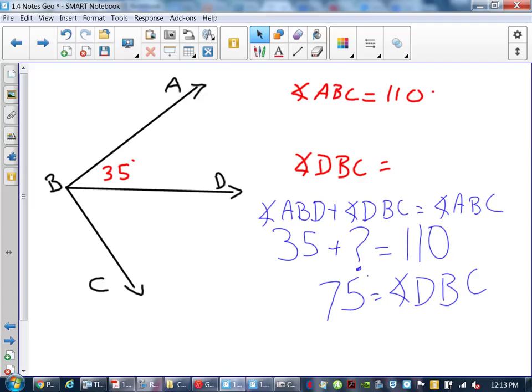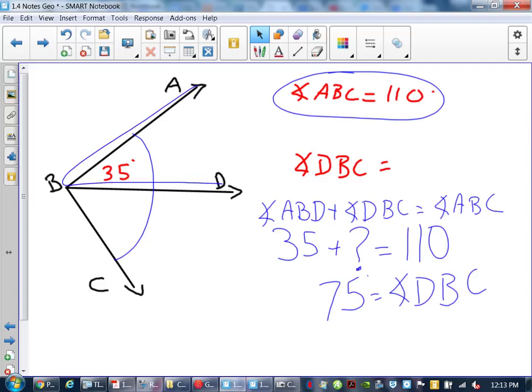Hey, why isn't it in red, ABC, when blue is ABC? The ABC is the big angle. The ABD is this part. That's why. Does that make sense? Yes. You know what sucks about angles, there's so many letters.